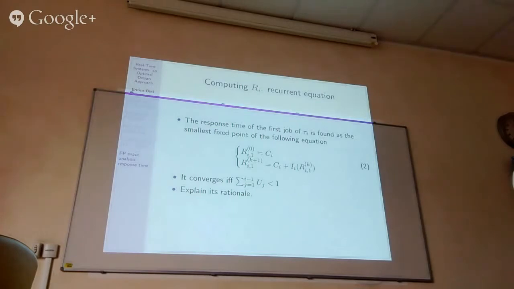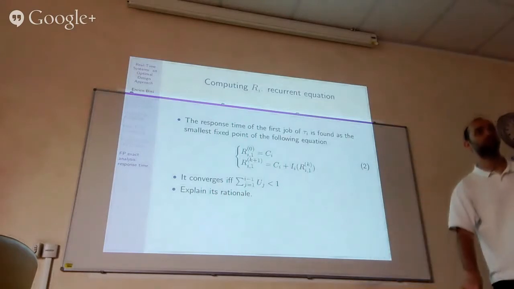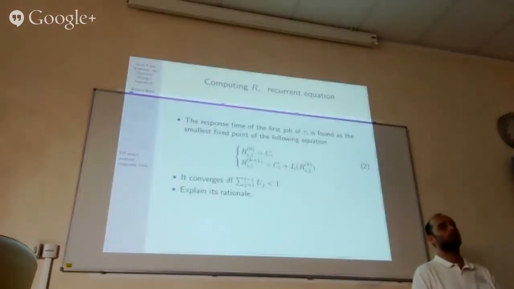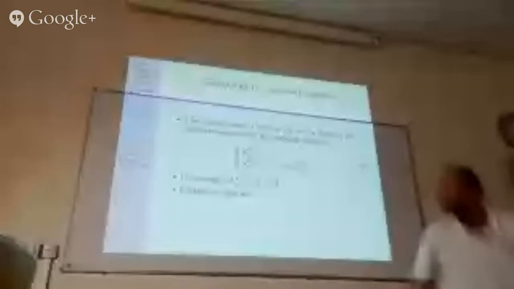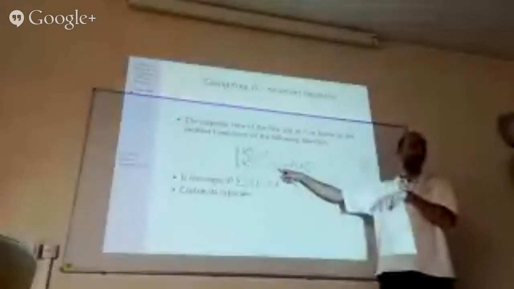However, in the first step, Ik plus Ci, what if the task tau i has already executed, for example, half of this Ik? Maybe you want to subtract something here?